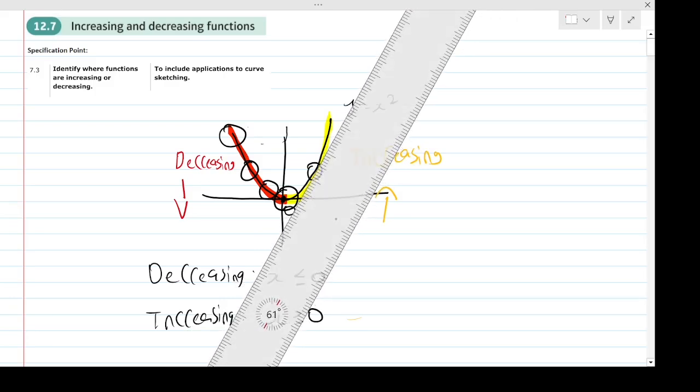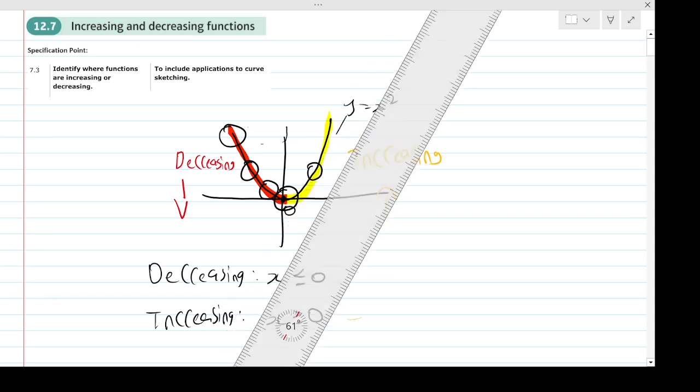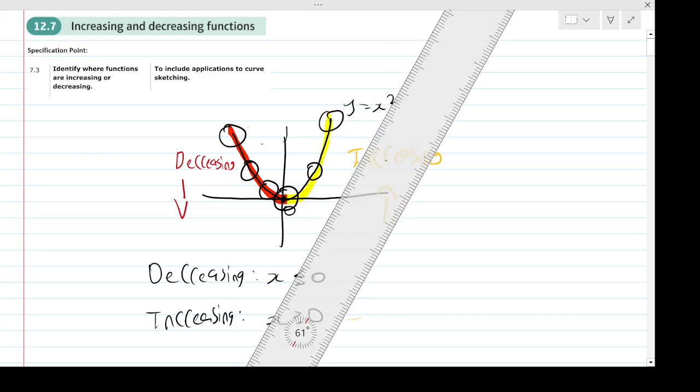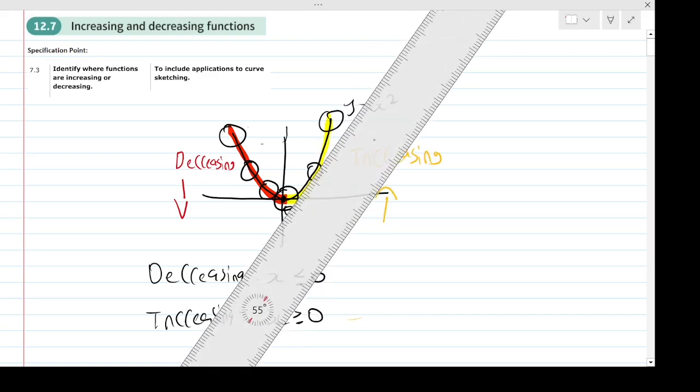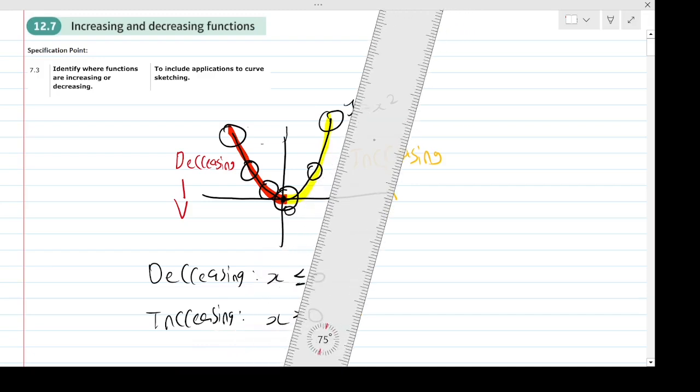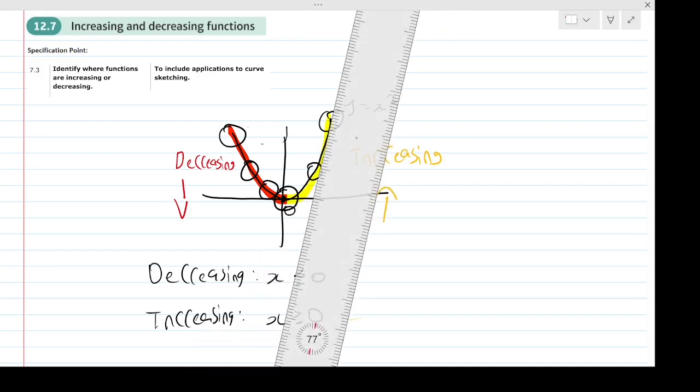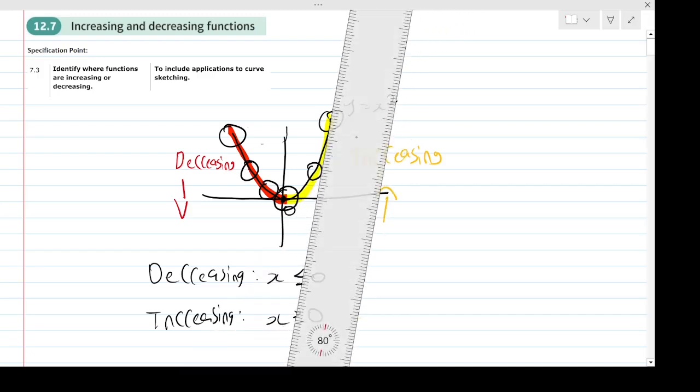So now it's increasing, so it's positive because the tangent, my ruler, is going upwards now, not downwards. Then let's consider the other end of the curve here. Again, you can probably predict I'm going to need to make it steeper. And there we are. But it's still going upwards. It's still up, so my tangent, my gradient, is positive.